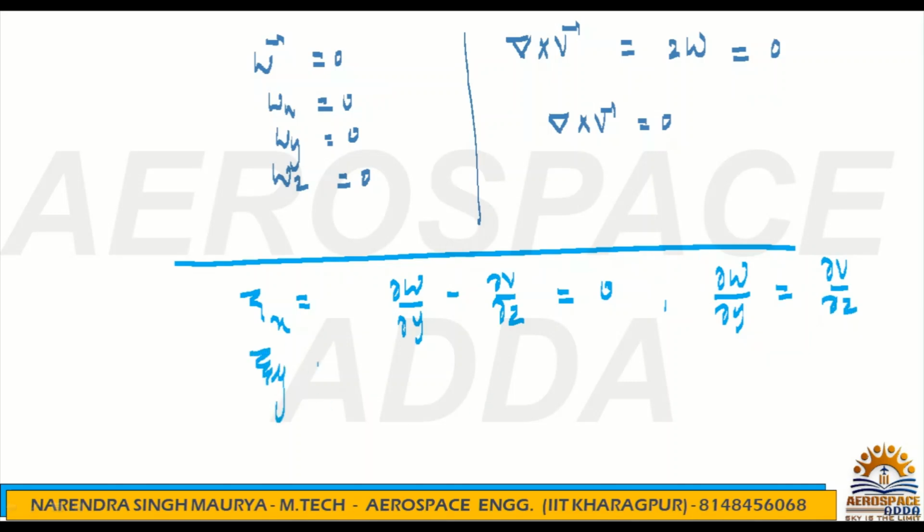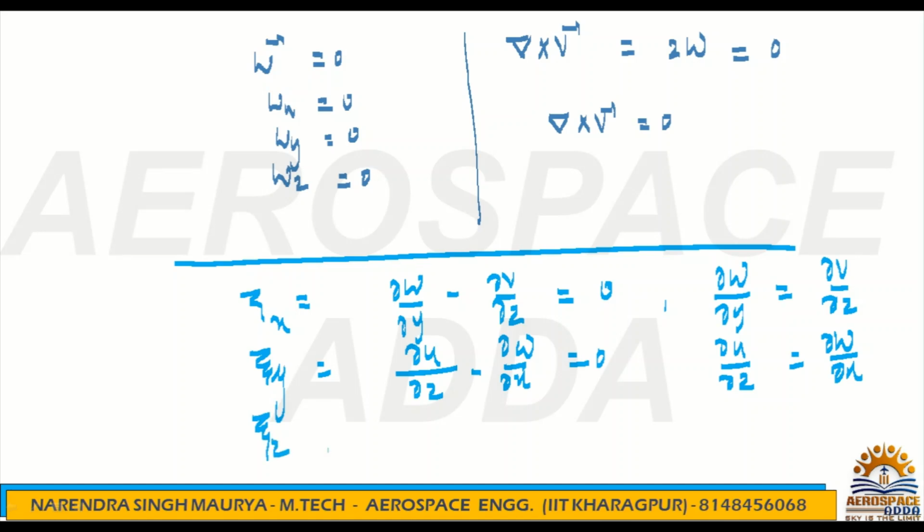You got dou w by dou y equal to dou v by dou z. Similarly, xi y, which is dou u by dou z minus dou w by dou x, will also be 0. Means you got dou u by dou z equal to dou w by dou x. At the same time, xi z also is 0, so you got dou v by dou x equal to dou u by dou y.